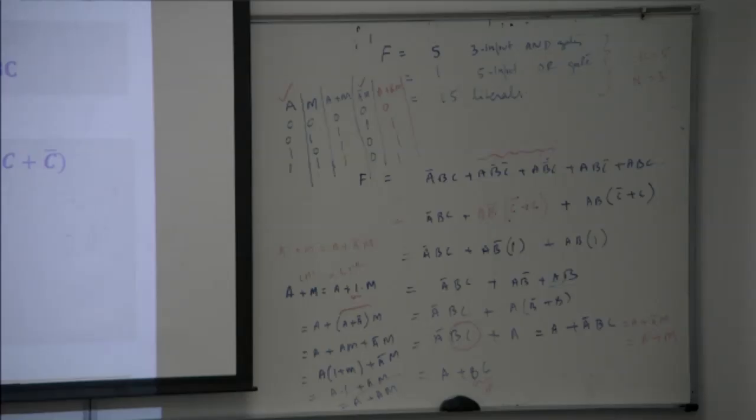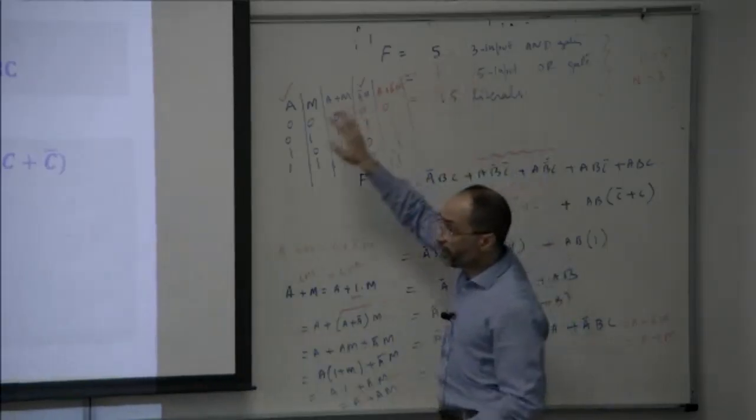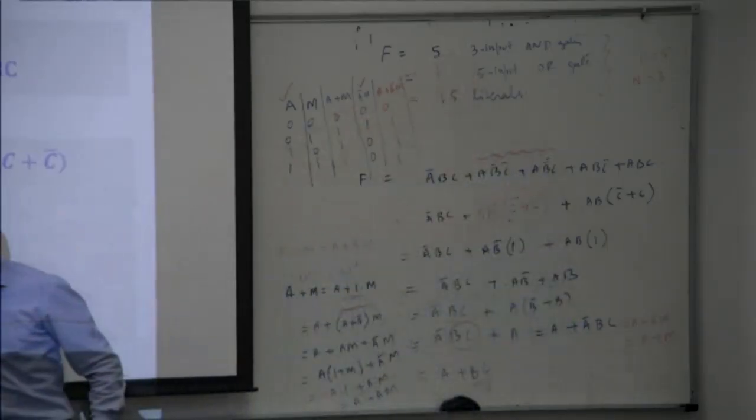Now, please look at this expression. In this expression, how many AND gates do we require? This one: a 2 input AND gate and one 2 input OR gate. So which implementation is better? This one. Why?